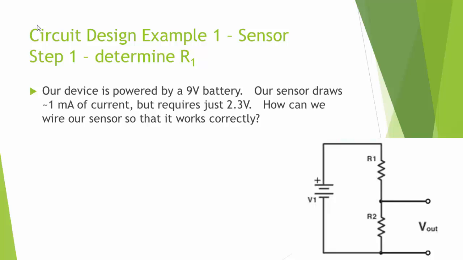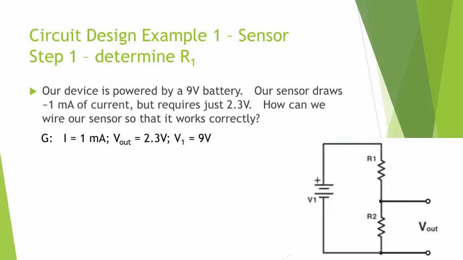So our first step is to determine the way to restrict the current to the appropriate level for our device. We know we need about 1 milliamp. So we want to try to use the maximum R1 we can, for reasons we won't get into here, that will allow that amount of current. Initially, this is just an Ohm's law problem.